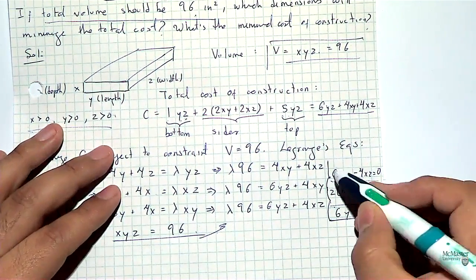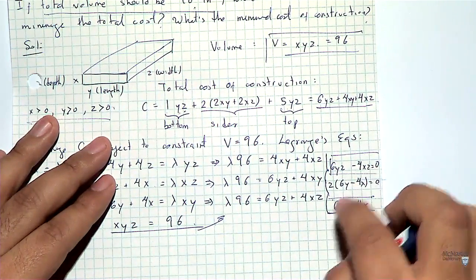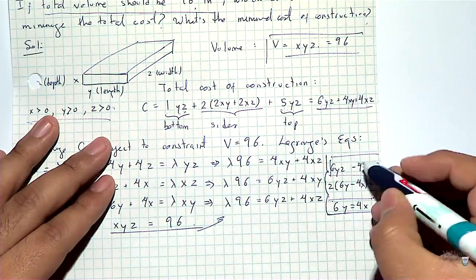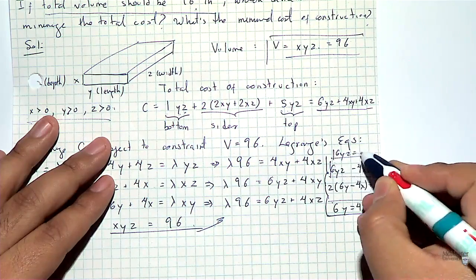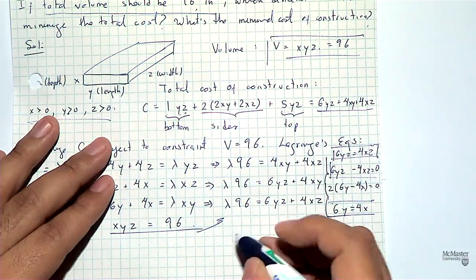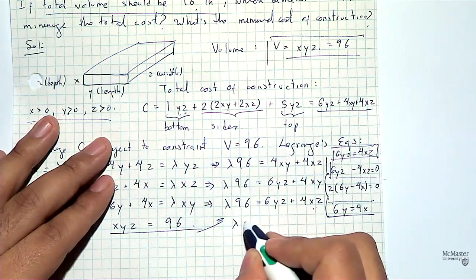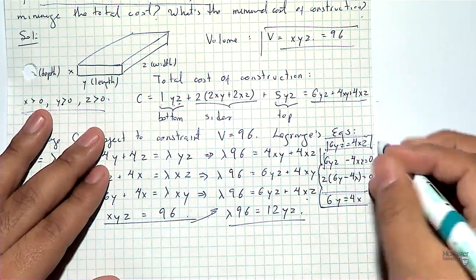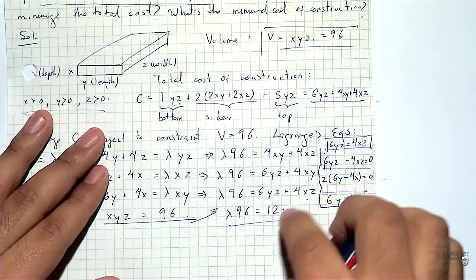I will use this relation actually, because 6yz equal to 4xz, both of these appear here. So what this is telling me is that 6yz is equal to 4xz. I can basically substitute this one with this one. So what I would have is lambda 96 equal to 12yz. I just use this: I put instead of 4xz, 6yz, 6 plus 6, 12, and I have this.